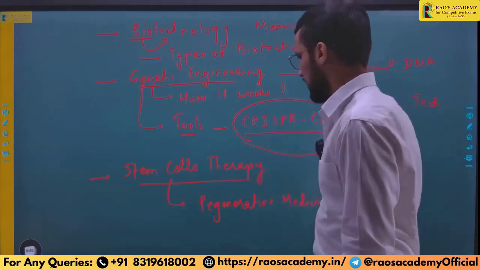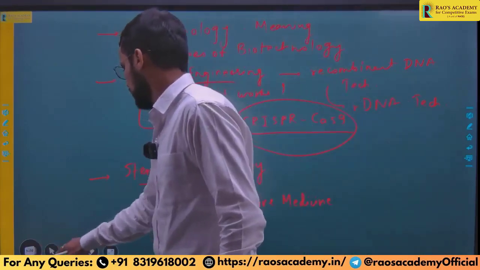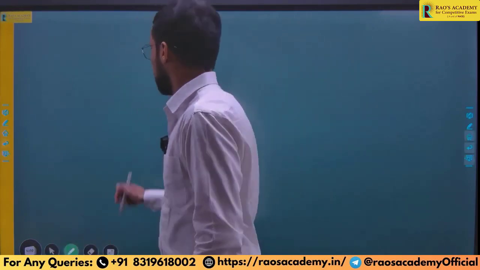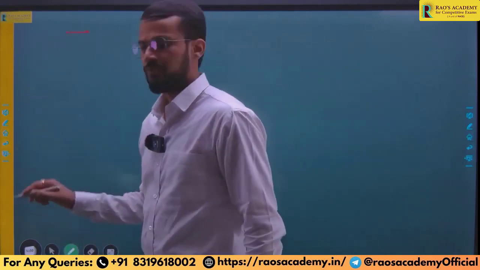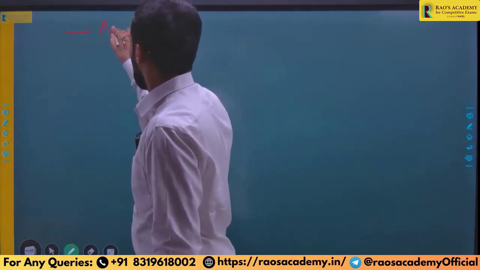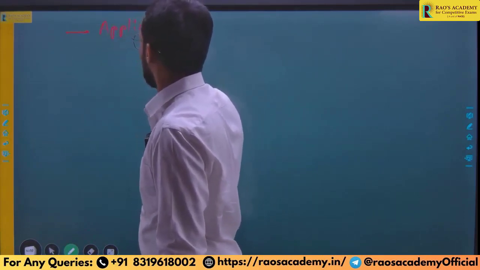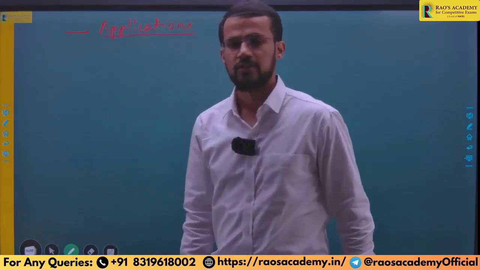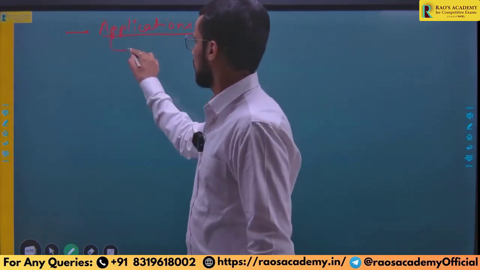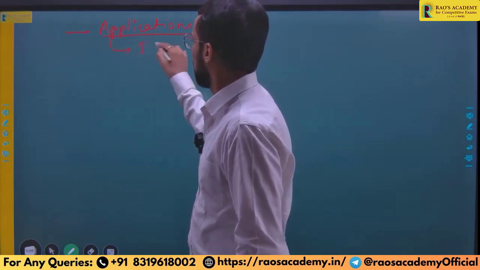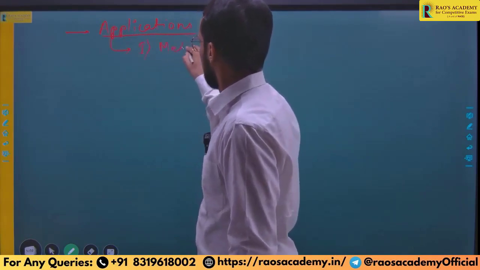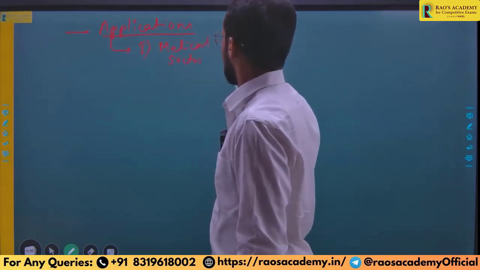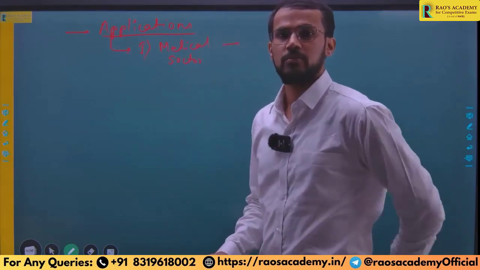Fine. Next now. After stem cells therapy, it is important to know about the applications of biotechnology in different sectors, starting with applications in the medical sector. So what are the applications of biotechnology in the medical sector?